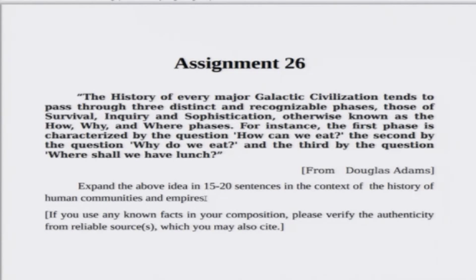And in this composition, if you use some known facts from world history, it will be a good idea to verify the authenticity of what you write from some respectable source, and you may mention that I know this from this source. So, this is the assignment for today's lesson.